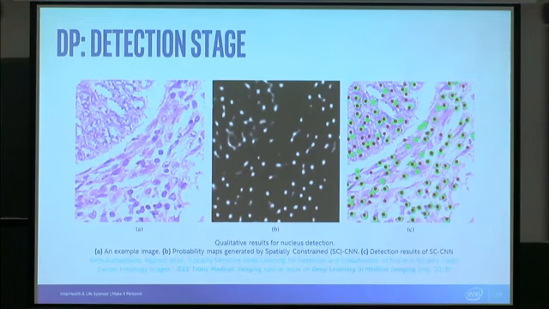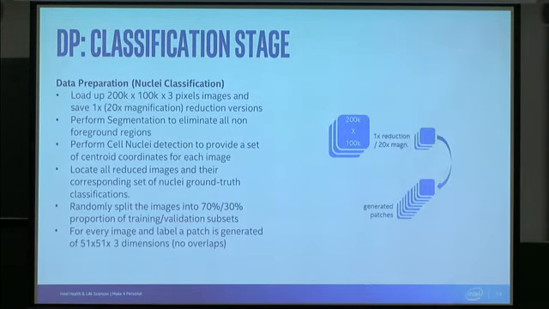So this was the detection stage, and the final stage is the classification one. Data preparation looks the same, so magnification is a bit less here. We perform segmentation before, perform nuclei detection before that, just to locate patches around these centers.